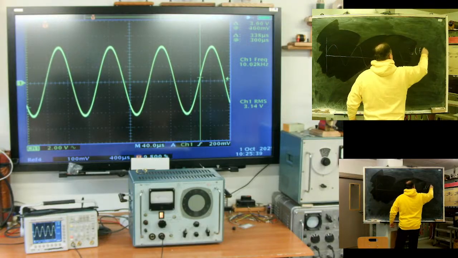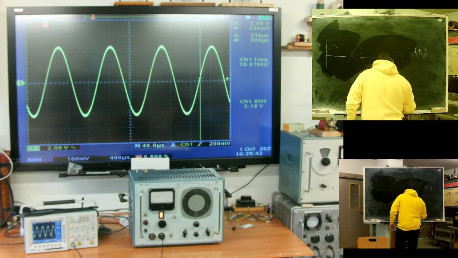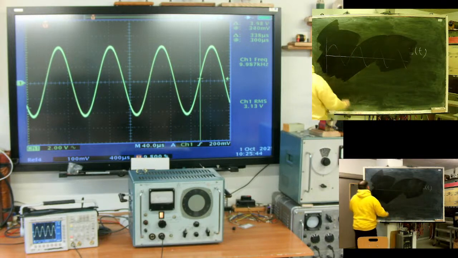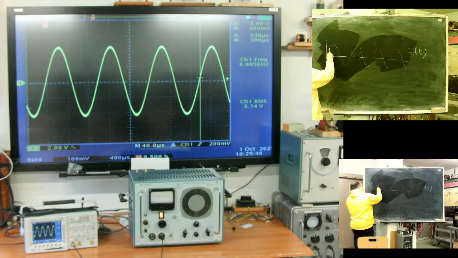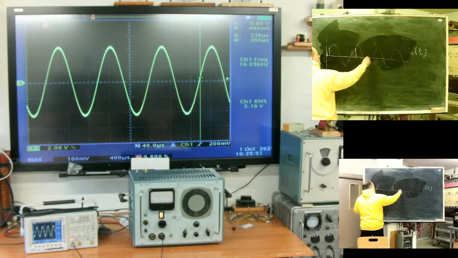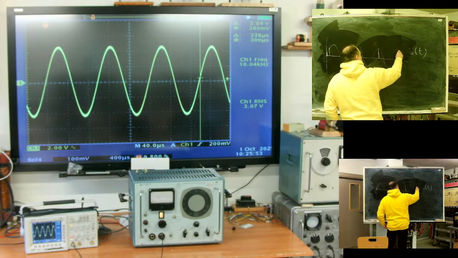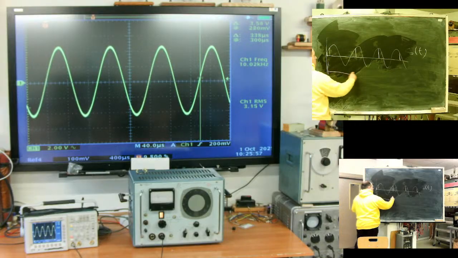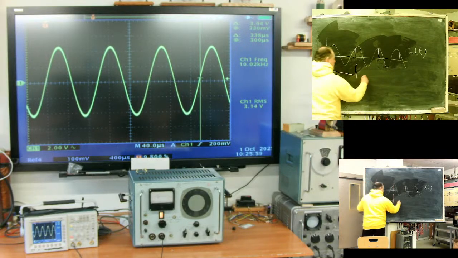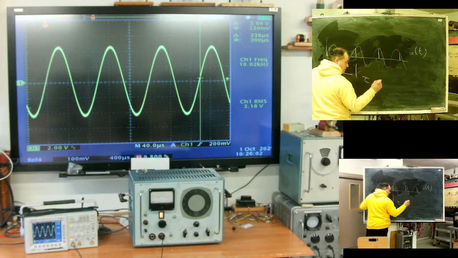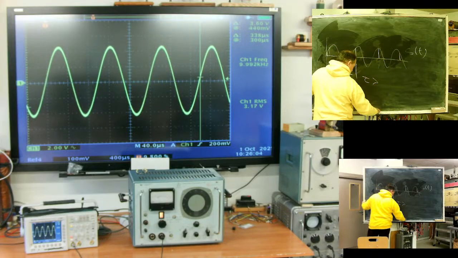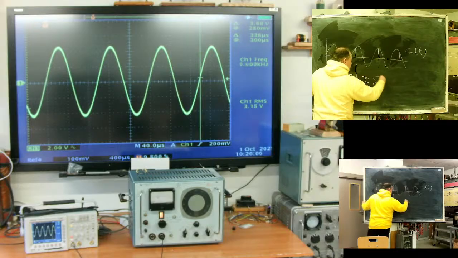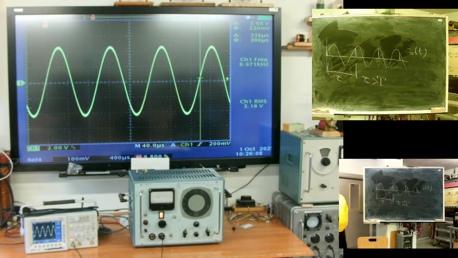Here is the signal to observe. Measurements. Let's say 1, 2, 3, 4, and so on. Here, the sampling interval is high compared to the repetition period of the observed signal. What will I see?